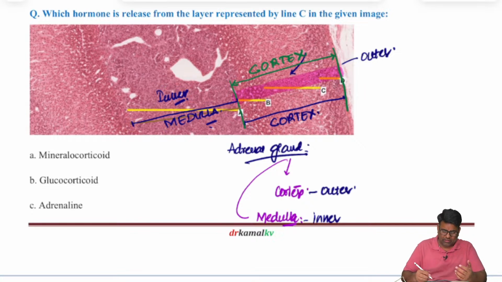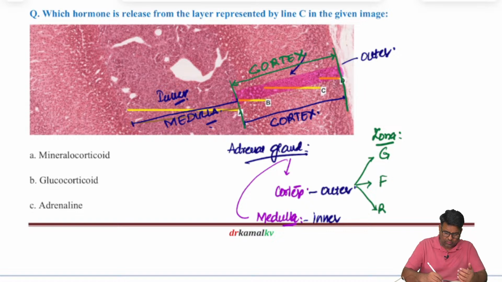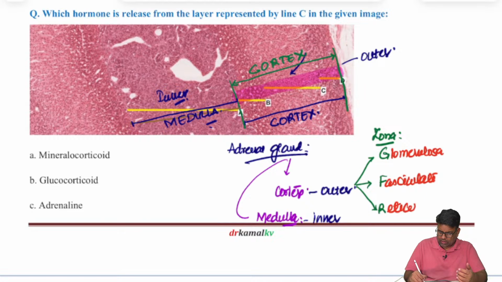Right, now the whole cortex has three layers, and I believe most of you must be remembering that mnemonic GFR, which is a very commonly taught mnemonic. So we just add the word zona. One is zona glomerulosa, second is zona fasciculata, third is zona reticularis.